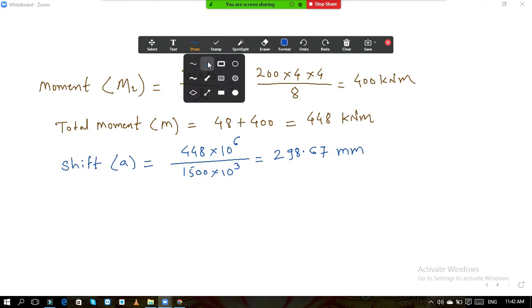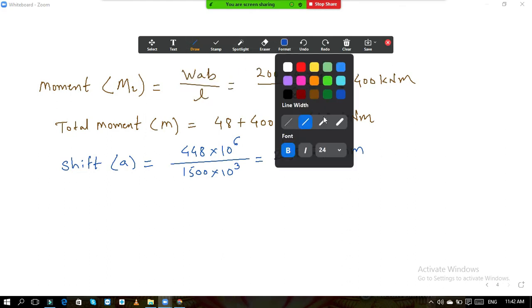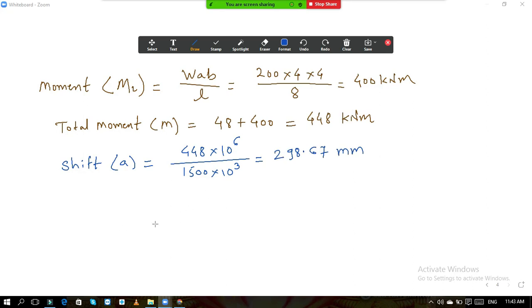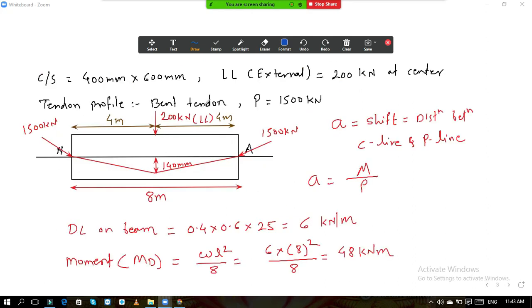Okay. Now how to draw the line? See here now. This is very important. First I will draw here the neutral axis. Now I will not draw the beam. I will just show you the levels. So this is our neutral axis. So where is the P line situated from neutral axis? What is this eccentricity? If you see over here, look at the center.